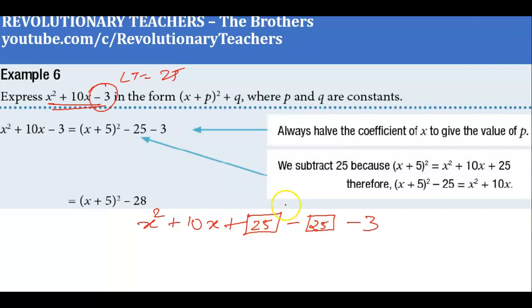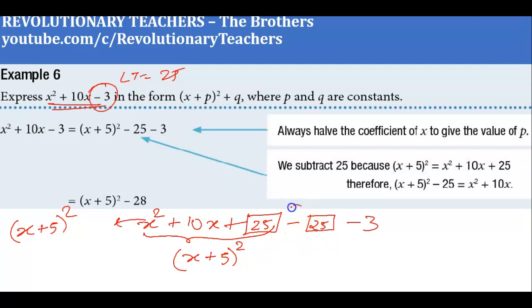Now don't cancel these two, because we have to make this a perfect square. Now take a group of 3. Now this becomes a perfect square, (x plus 5) whole square, right? So you will write (x plus 5) whole square.